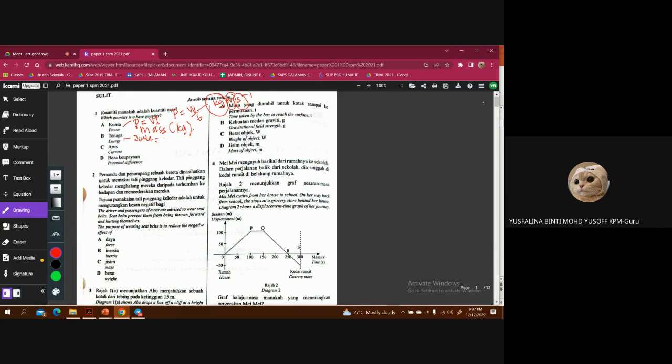Let's say kinetic energy is half mv squared. Mass is kg, v squared is m^2 s^-2. Of course you don't want to write this form of answer, it's too long, so we simplify it to joule. That's why I said for the base quantity you must have only one unit.